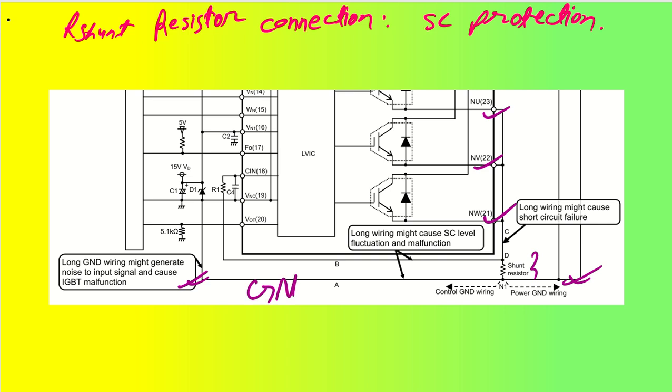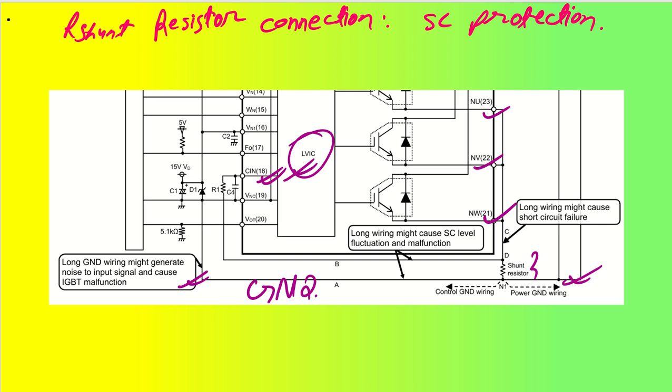Okay, so this is my GND terminal, and at the same time to the negative terminal of the DC power supply, which is the D point. So this D point is getting connected to my C in point. So C in is actually the short circuit protection drive circuit, which is going to switch off our LVIC, that is my low side gate driver, and this is how my IPM will be switched off. So this is the complete functionality of my short circuit protection.